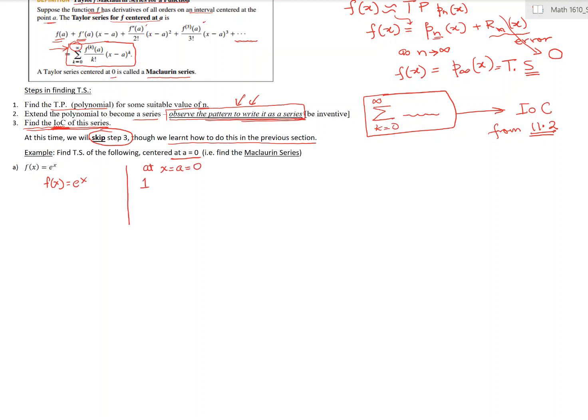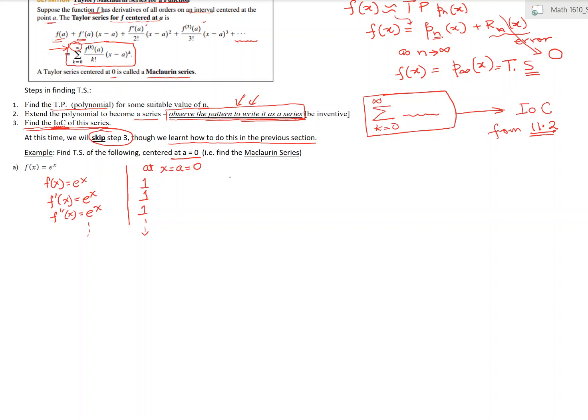So this is going to be 1, e raised to the power 0. f prime at x is this. So at 0 also it is 1. Second derivative is also this, so that's also 1. So all these are the same in this case.